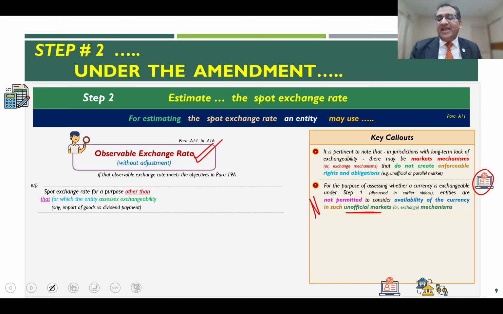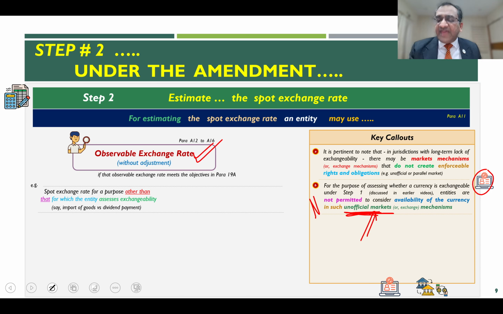Typically, when you have unofficial markets, they have different risk profiles compared to an official market. For example, risk of non-payment, illiquidity, risk of illegality, and certain regulatory framework. All of these can be possible risks which plague this unofficial market.